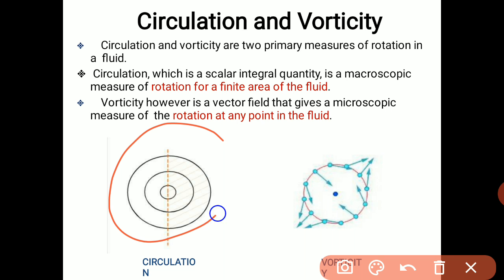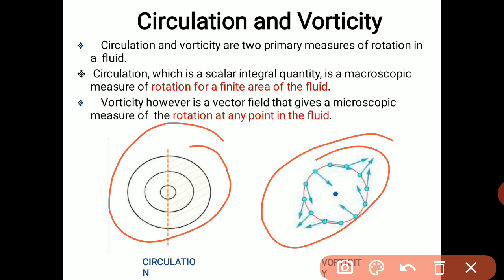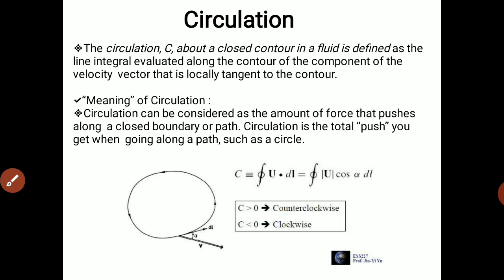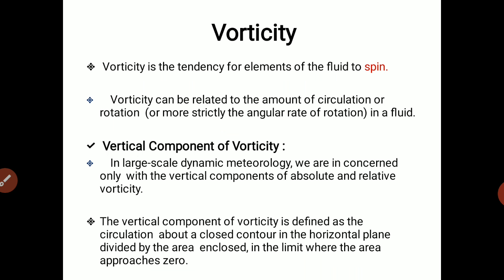Okay, this is for a scalar and this is for a vector function, and it gives the characteristics of flow in short. Circulation is movement in a circular direction, and vorticity means it is not exactly circular but in any other direction or any other way. So same, circulation and vorticity.